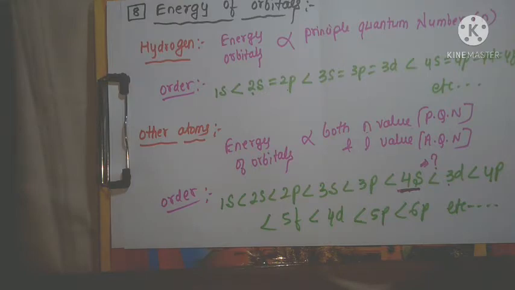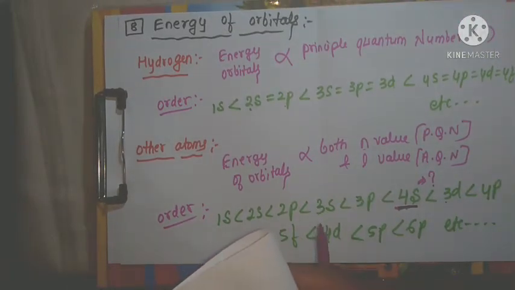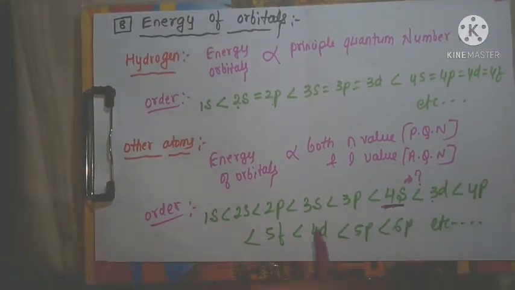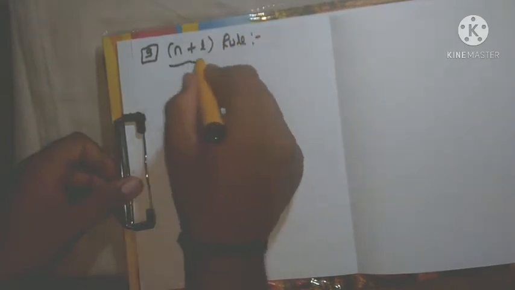Now, ninth point. For this one I will use another paper. Now ninth one: n plus l rule for identifying the energy of the orbitals.